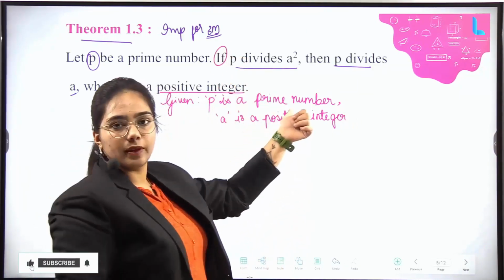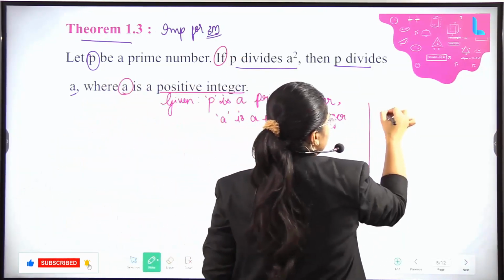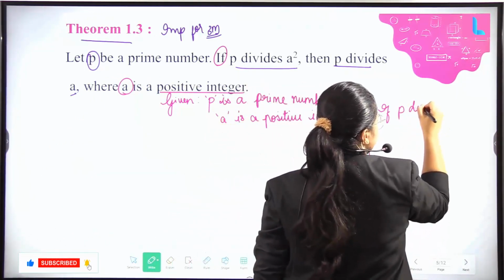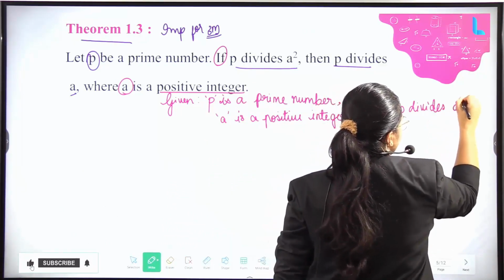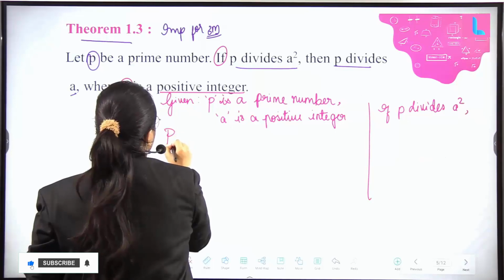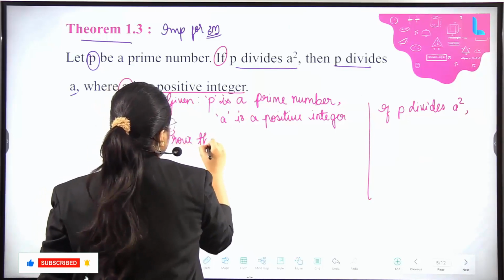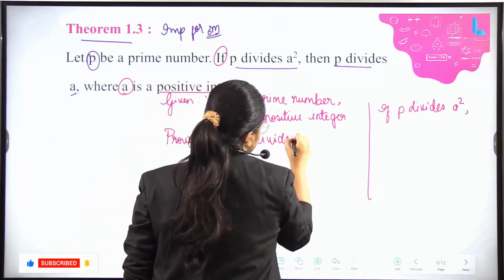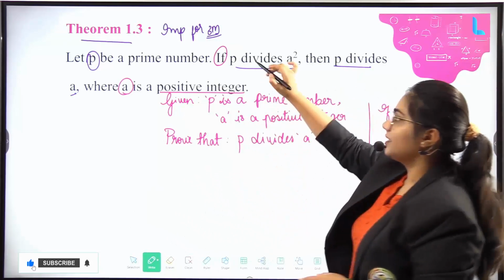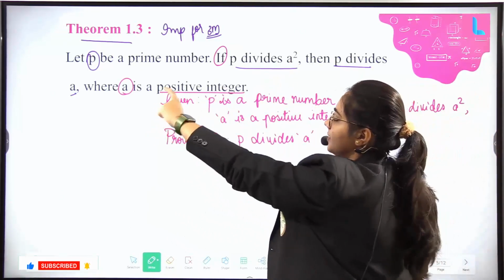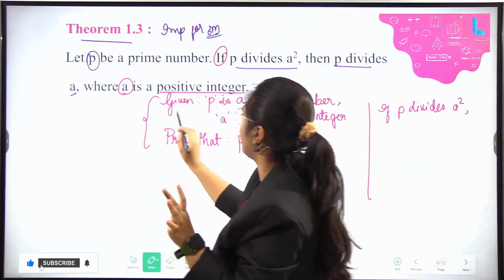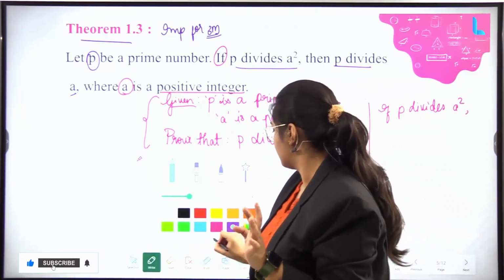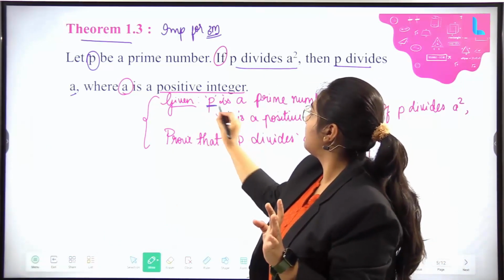If P divides A square, we should prove that P divides A. This I have given in a statement. I have broken down the same parts and given you in a friendly manner what they have given. They have already given that P is a prime number.